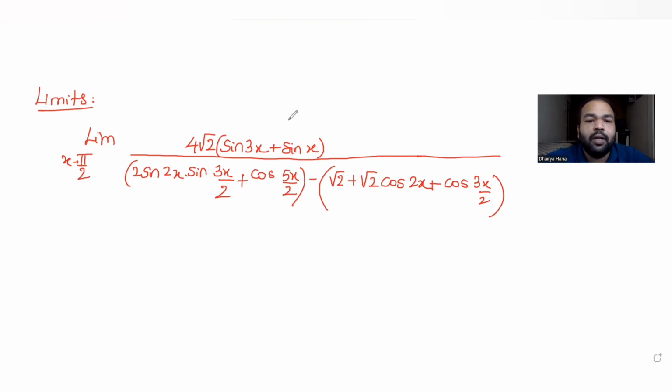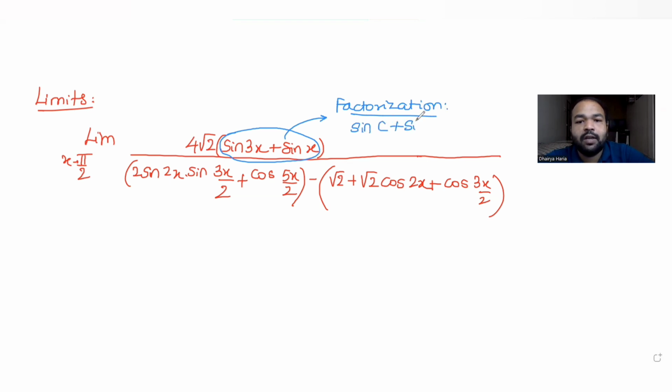First, for the term in the numerator, I can directly use the factorization formula: sin c plus sin d equals 2 sin of (c plus d) by 2 into cos of (c minus d) by 2.